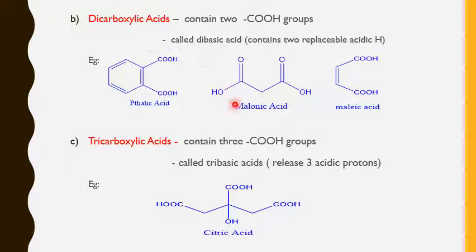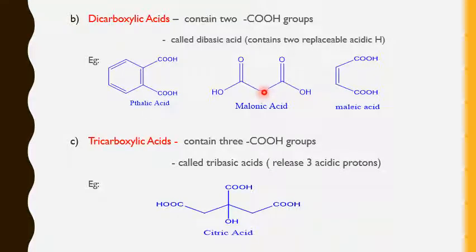And then the next example is malonic acid. Here you can see that a single carbon is having COOH on one side and COOH on the other side. That means the COOH groups are present on the same carbon, whereas in the previous example we had COOH groups on different carbons. So either COOH on two carbons or COOH on the same carbon, we are not bothered about it.